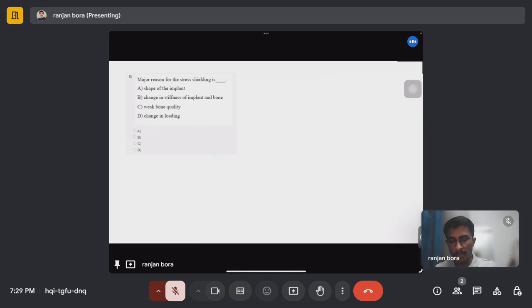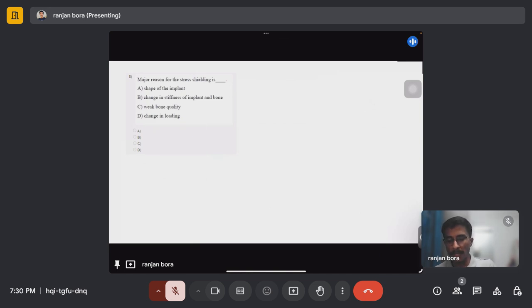Question number 8: major reason for the stress shielding is. So we know stress shielding happens because of the difference in the stiffness or Young's modulus between the implant and surrounding bone.